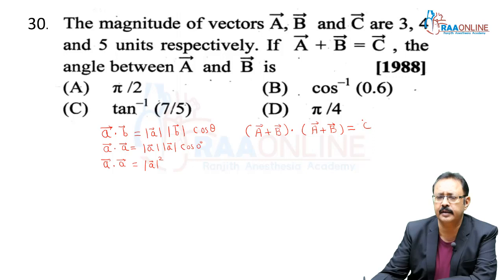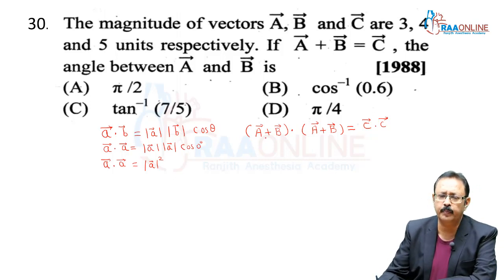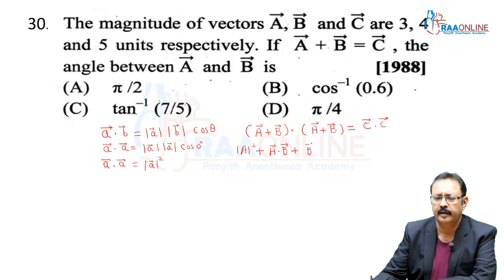We are getting C dot C. Opening the bracket: A dot A, mod A square, plus A dot B, plus B dot A. Since dot product is a scalar product, order doesn't matter.